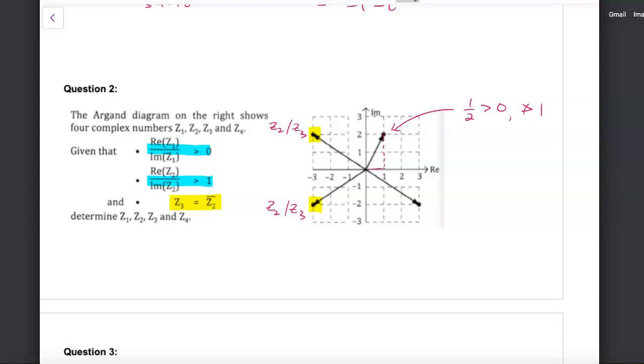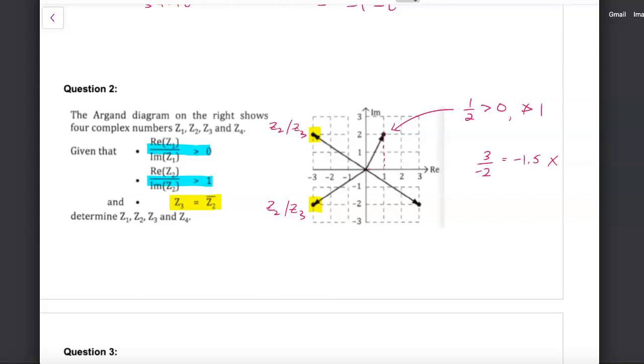For example, in this one here, I can see that my A value is 3, my imaginary value is -2. That gives me -1.5. It doesn't satisfy any of those dot points. So I'm going to leave that one alone for now.